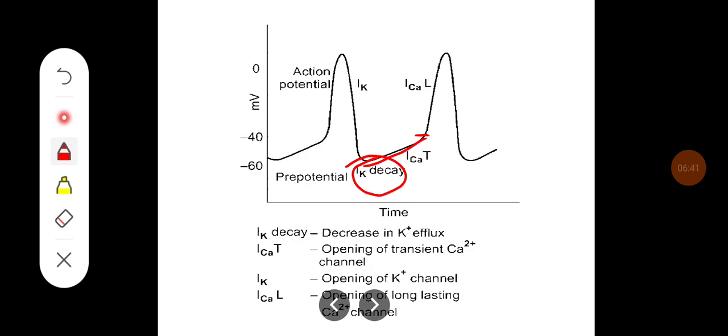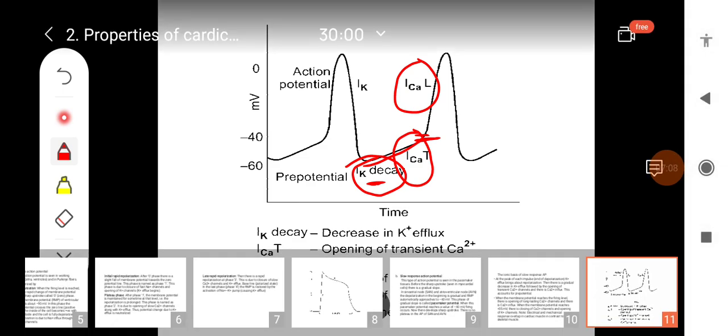Then the transient calcium channels cause the entry of calcium, and then there will be development of the threshold, which leads to the opening of the long acting calcium channels, which leads to the depolarization, and the repolarization is caused by potassium efflux.